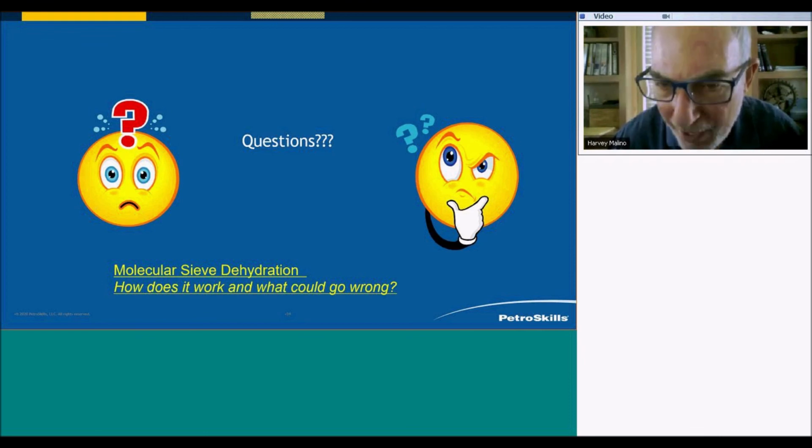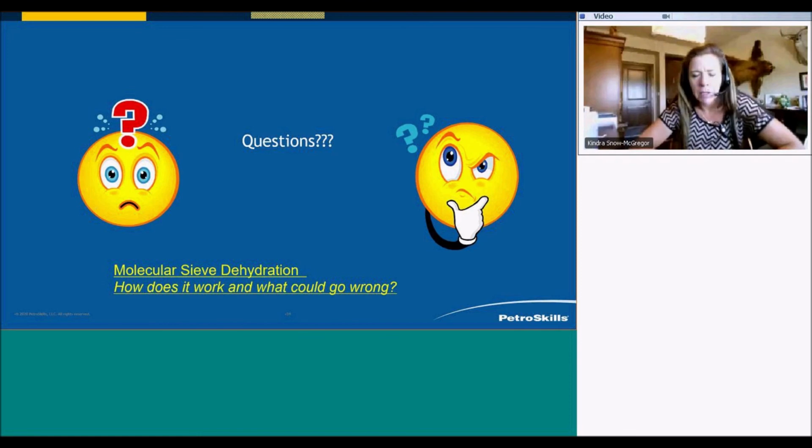What I would try before doing a change out is to regenerate the vessels with 4A at 450 degrees Fahrenheit and see if that improved the outlet dew point spec as opposed to regenerating at 550. I would tend to try that if I already had the 4A in the system. Excellent. That's a good recommendation. Thank you for that, Harvey.